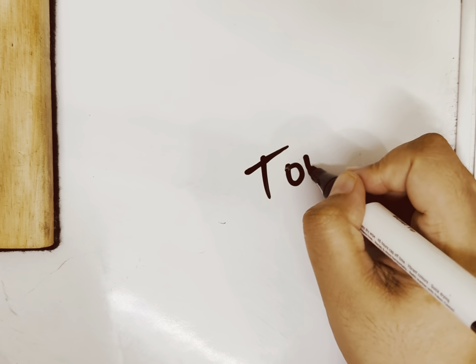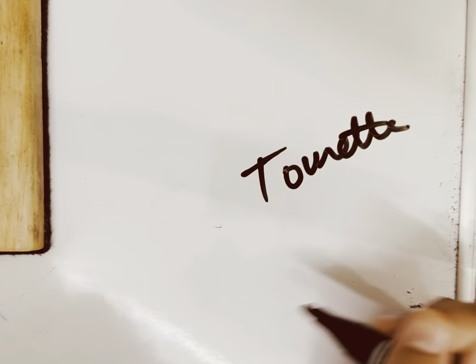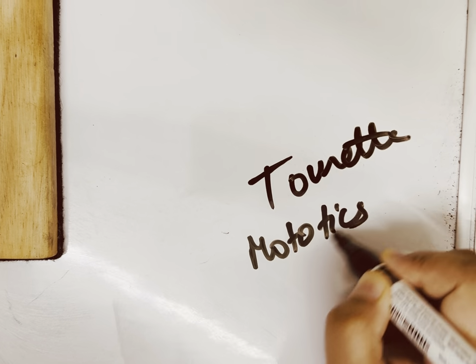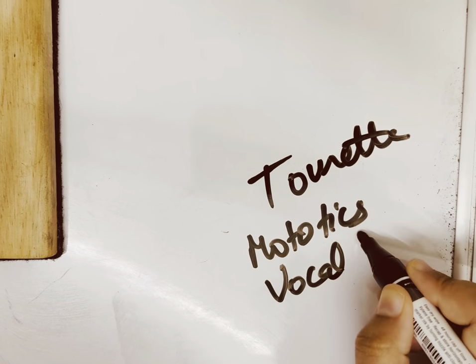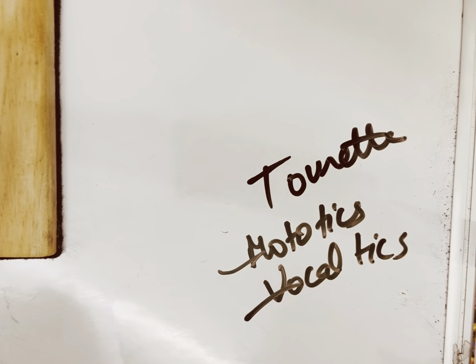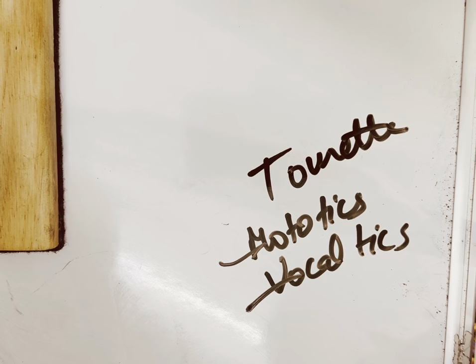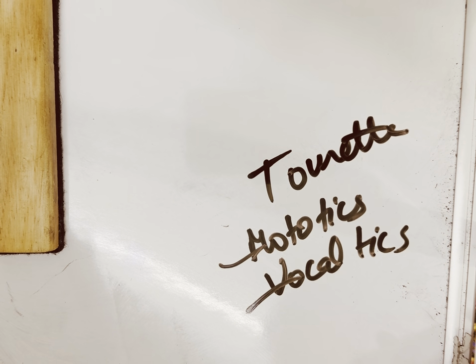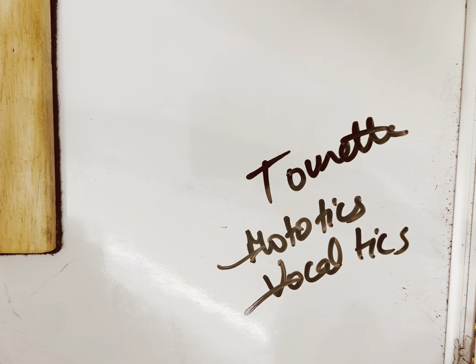Now, another very important thing about childhood that we see is Tourette disorder. Tourette mainly presents with motor tics or vocal tics. It has some family history of ADHD or OCD, and it is mainly common in males.